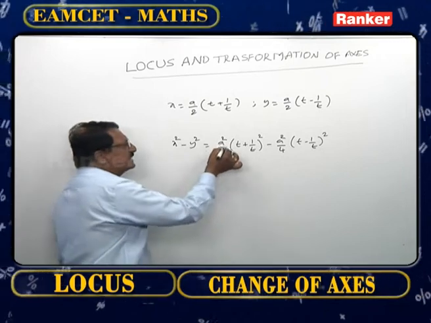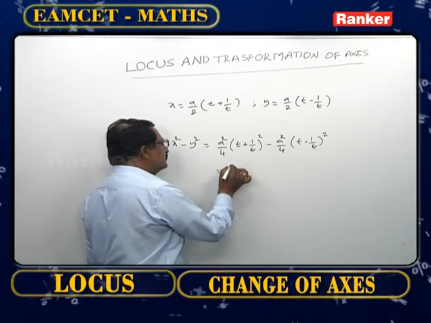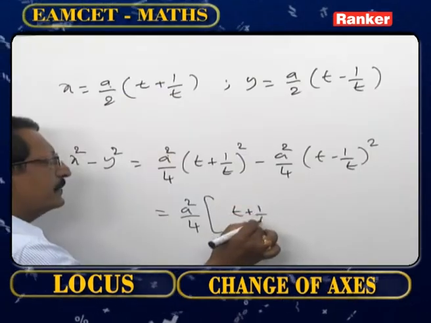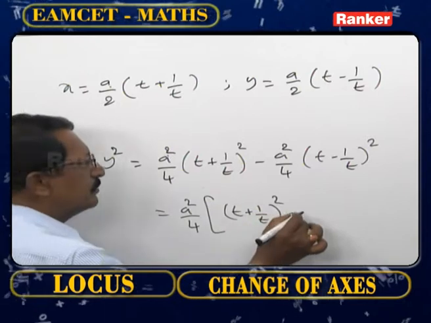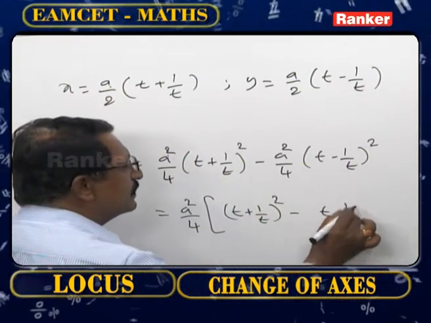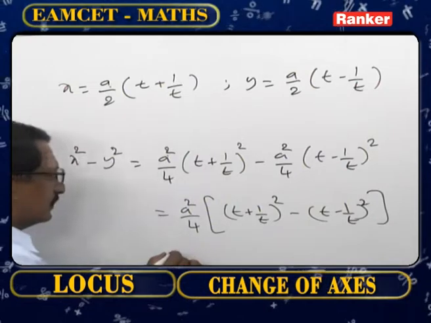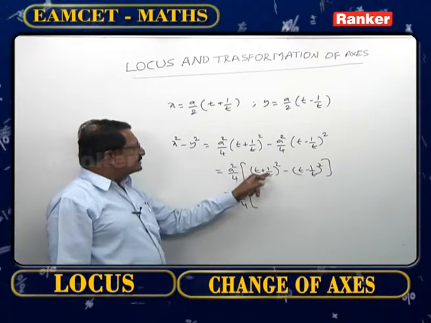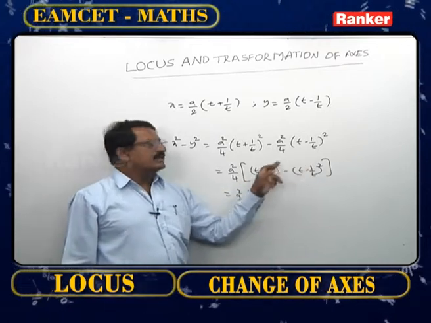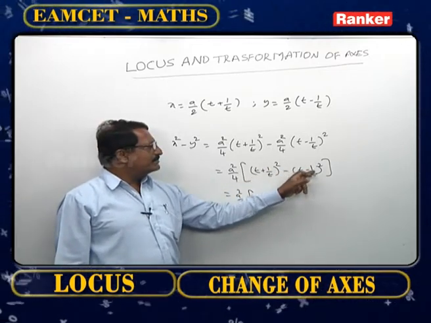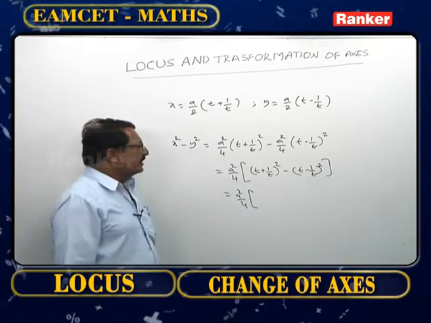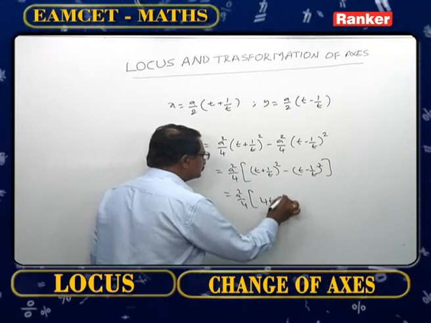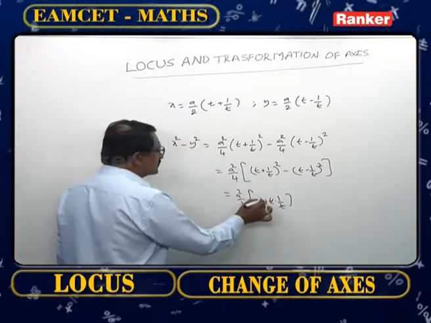Taking a square by 4 common on the right side, we get a square by 4 into [(t plus 1 by t) whole square minus (t minus 1 by t) whole square]. That equals a square by 4 into 4ab form: (a plus b) whole square minus (a minus b) whole square equals 4ab, so here 4 into t into 1 by t. Now t cancels, 4 also cancels.